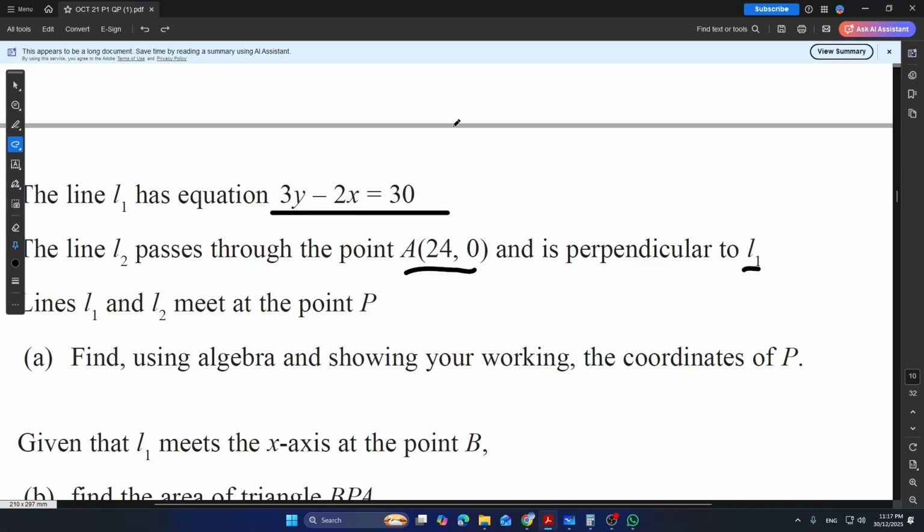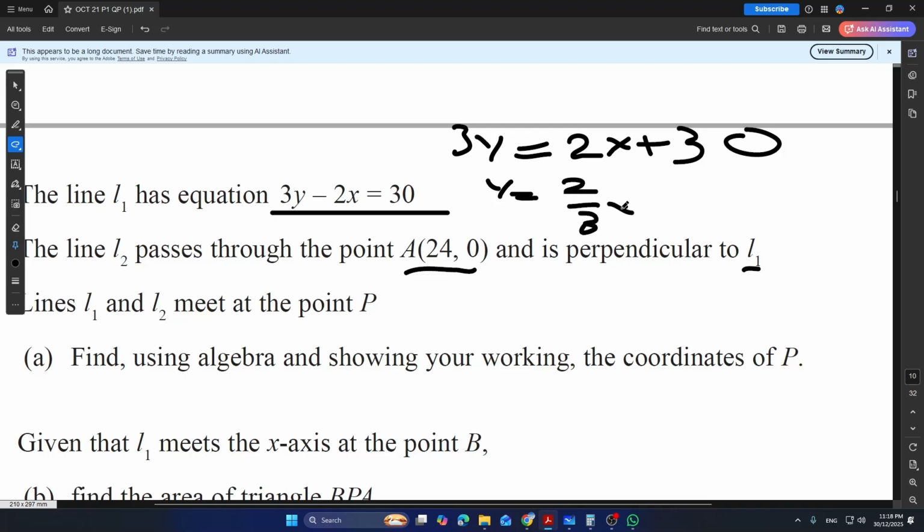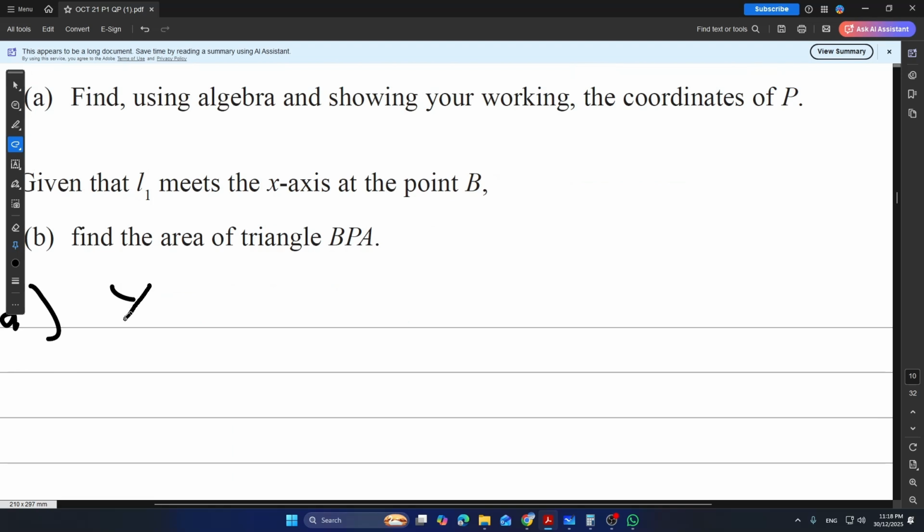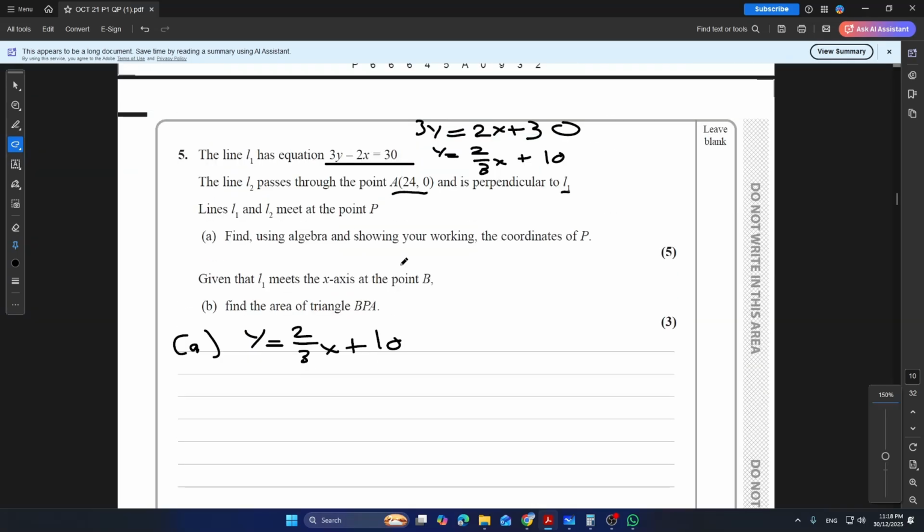It becomes 3y equal to positive 2x plus 30. And I want the y to be on its own, so I divide all sides by 3. It becomes y equal to 2 over 3 x plus, because 30 divided by 3 is 10. So our first equation is y equal to 2 over 3 x plus 10.